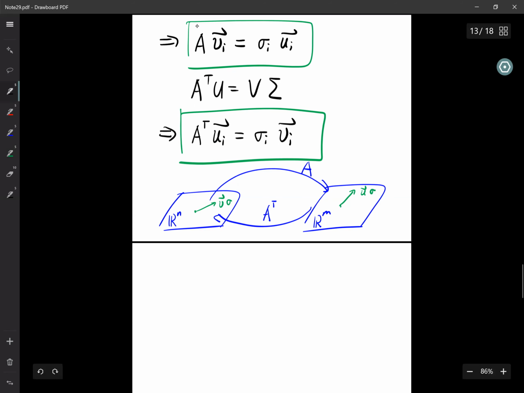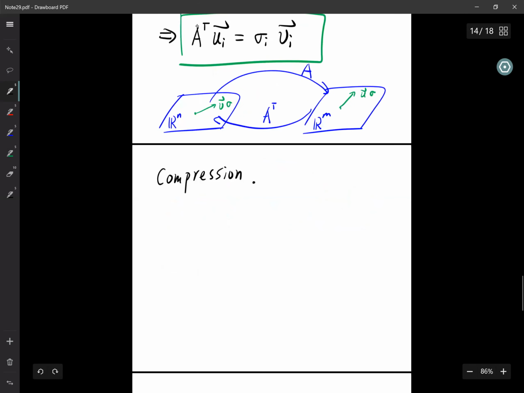Let me talk about the compression. So how do I use singular value decomposition to achieve the reduced storage I talked about earlier.